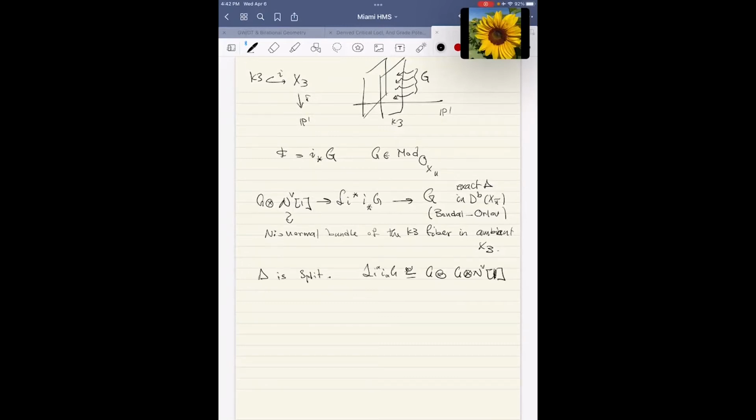Okay, so now one thing you can do is you can apply RHom(-, G). You will see soon why I'm doing that to this exact triangle. Apply this to the split triangle delta. If you do that, you will see that it starts from the right-hand side, RHom(G,G), then RHom of the pullback of the push forward of G, comma G, then RHom(G, G) tensor the conormal sheaf.